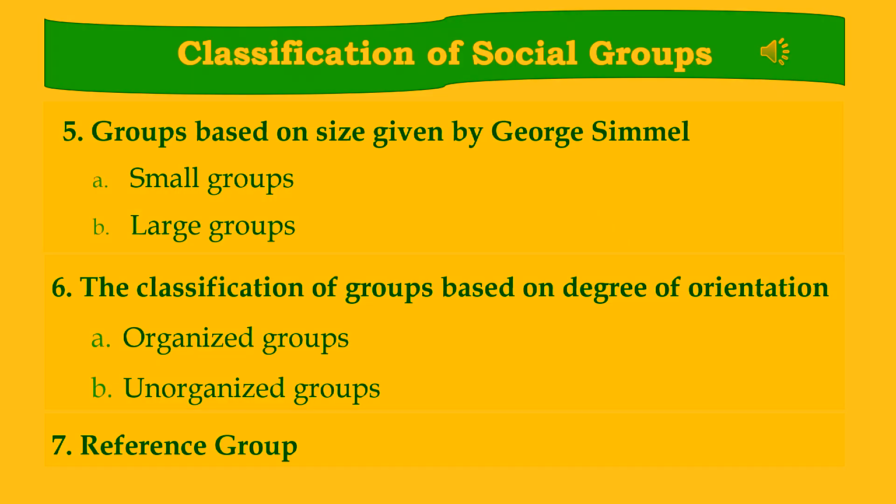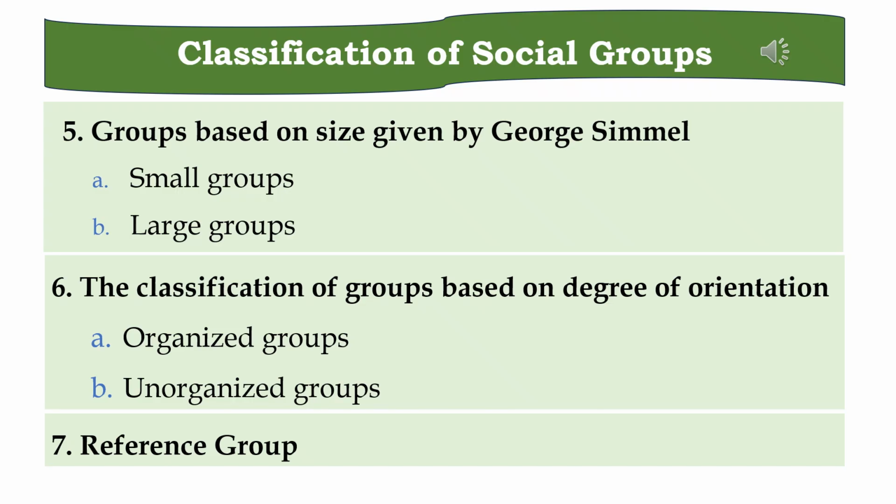Based on size, social groups are classified into small groups and large groups. This classification was given by George Simmel. Next, 6th. Based on degree of orientation, social groups are classified into organized groups and unorganized groups. Then next, 7th one, reference group.